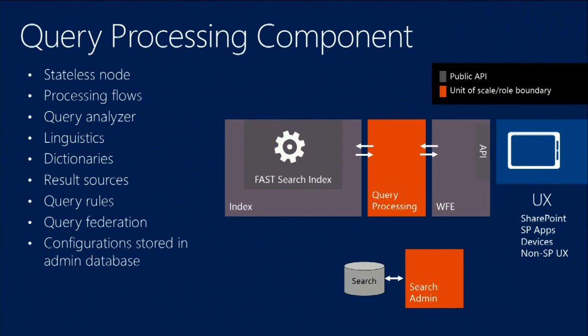Query rules is where you can create your own context-based boosting. You can make it aware of who the different users are that do the query, where they are located, stuff like that, to create custom ranking based on the different surrounding information. So not only looking at the query, but also looking at the information connected to who is doing the query.